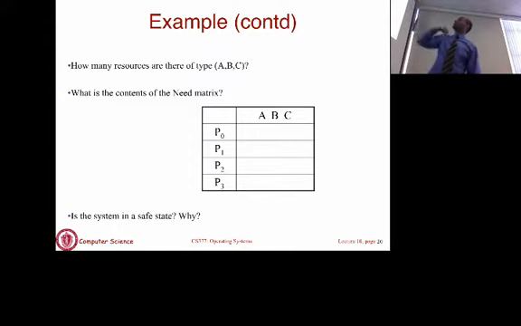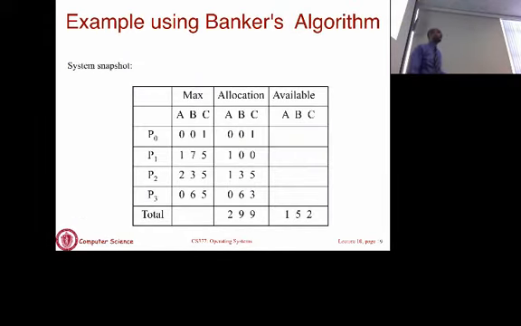The first question is, how many resources do we have in the system of type A, B, and C? Yes, 3 of type A, 14 of type B, 11 of type C. The way you figure this out from the system snapshot presented to you is this is our available matrix, this is what's available, and this is what is in use.